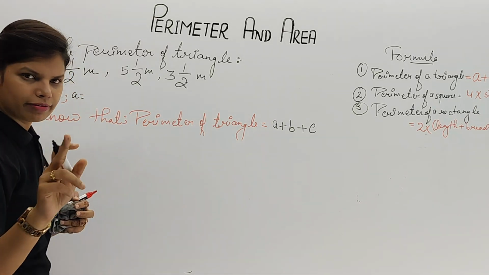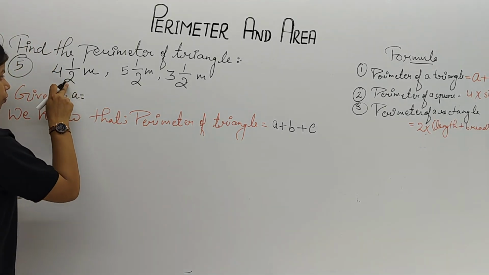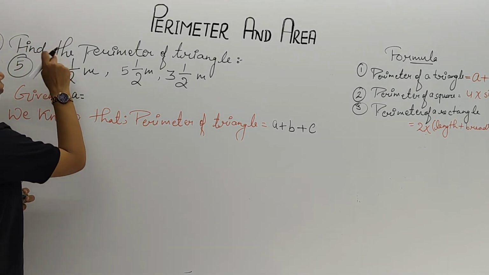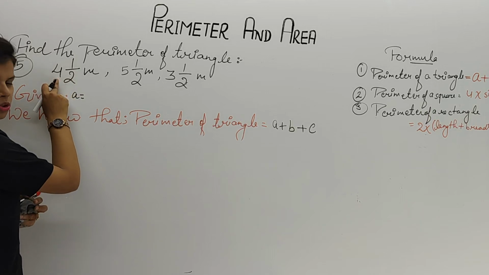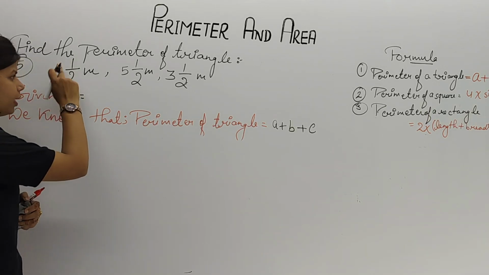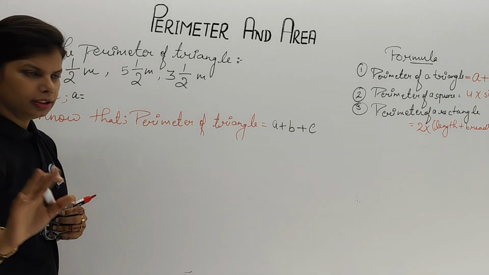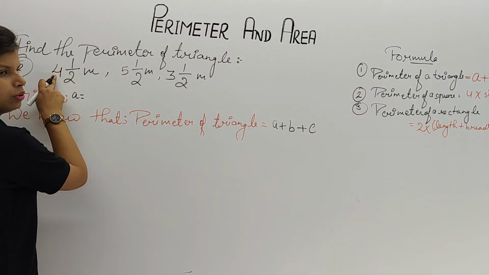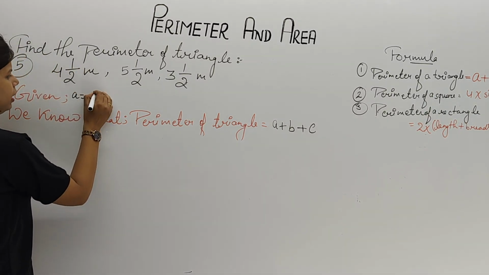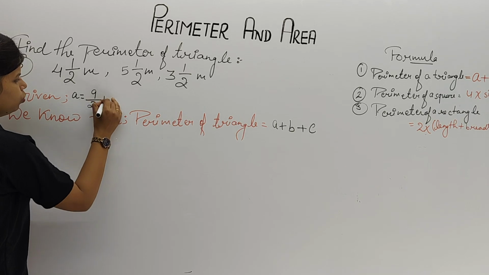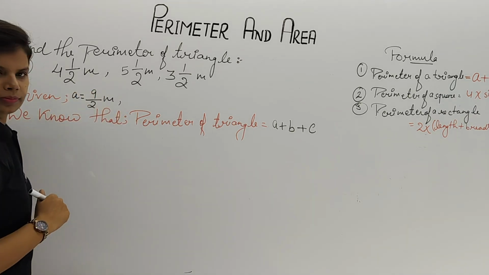What you are going to do, you know very well from your chapter fraction, 4 multiplied by 2, and then you have to add this one. These two terms are going to be multiplied, and whatever answer we are getting, we add together. Clear? Like 4 into 2, 8, plus 1, we are getting 9 upon 2 meter.